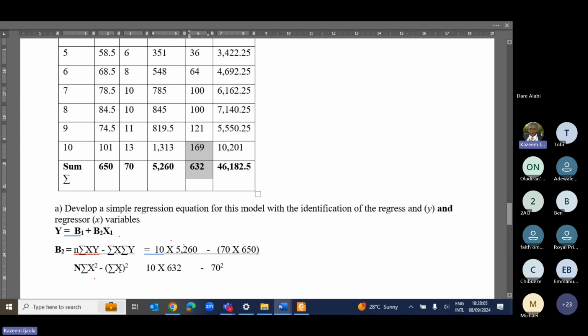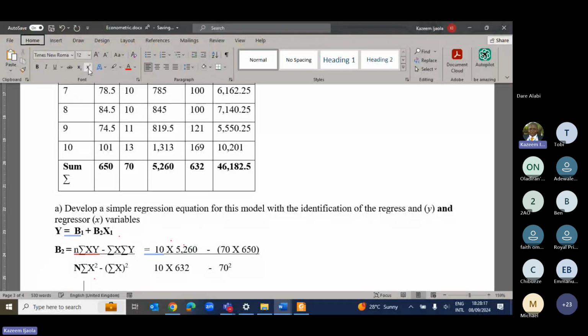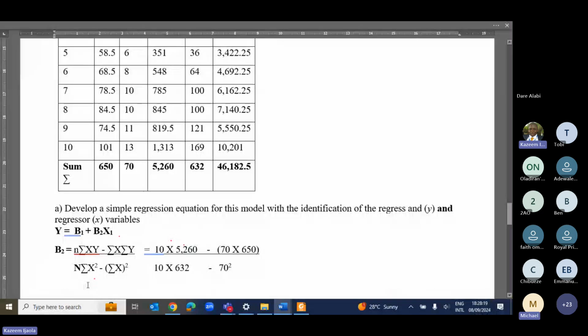I beg you. So what is our answer, please? What is our beta 2? We have 10 times 5260 minus 70 times 650. This should be 71 as the numerator.